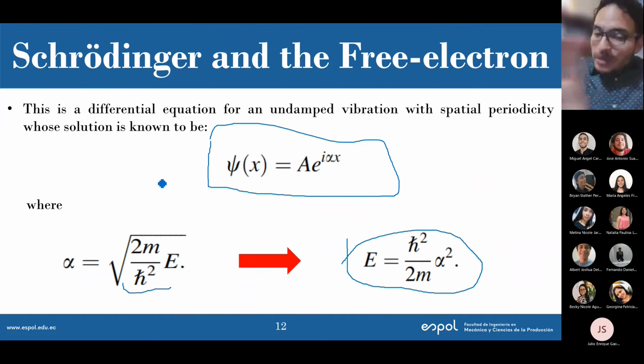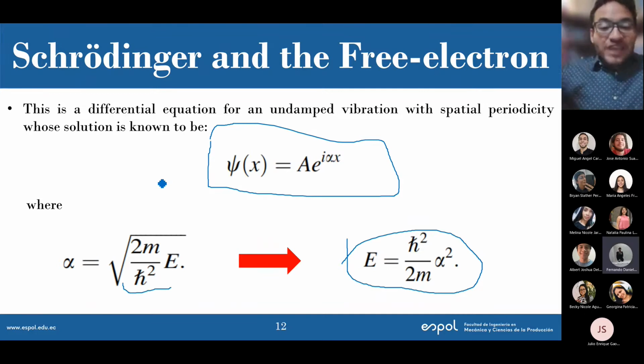Or when you see this equation, do you see any possible restriction of values? Certain values that might not fit into this equation? Or do you think all values of energy will be allowed?